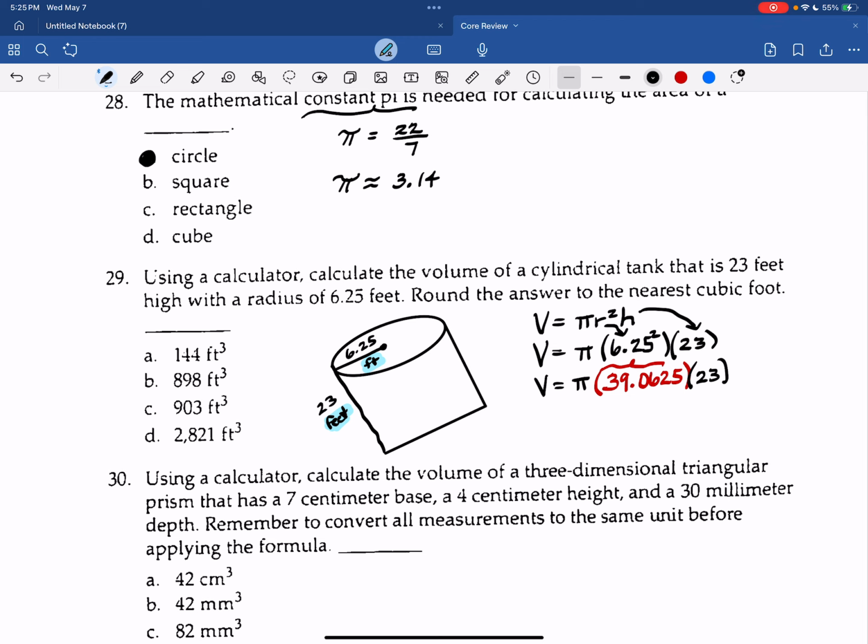So 39.0625 times pi times 23 is 2821.09375. And they want us to go to the nearest cubic foot, so that is about 2821 cubic feet. I like D as in delta.